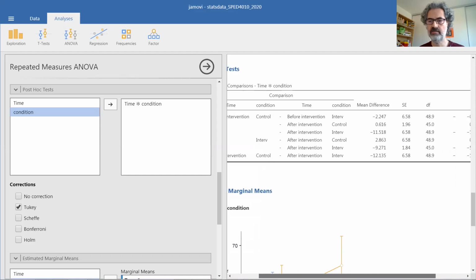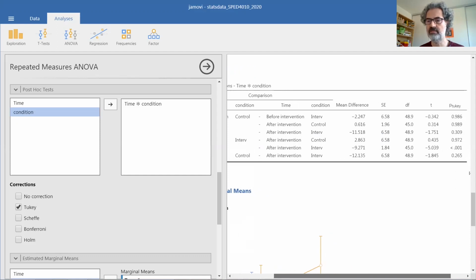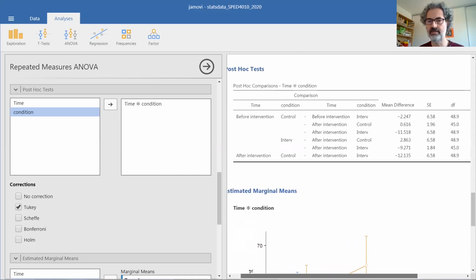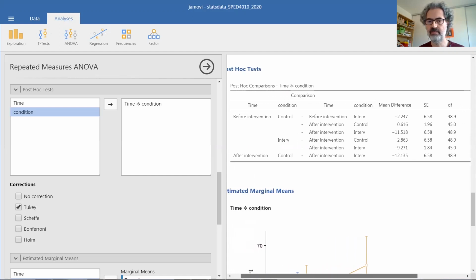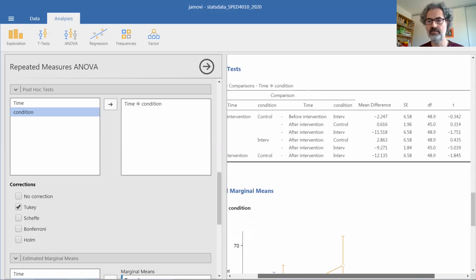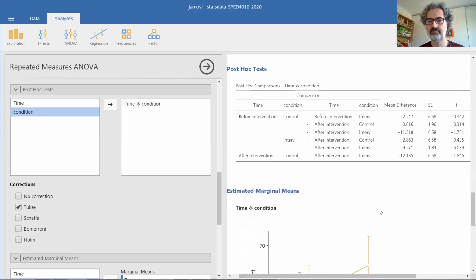So let's just go and check which of these differences are statistically significant. The only one that survives the correction and is statistically significant is this line. Not the last one, the second from last. Which comparison is that? This is the comparison of before intervention group versus after intervention group. That's the only statistically significant difference.